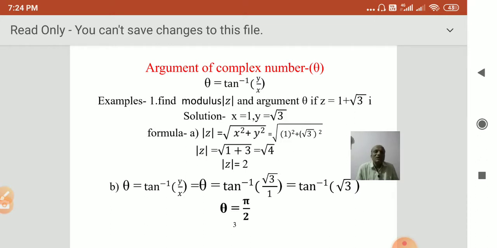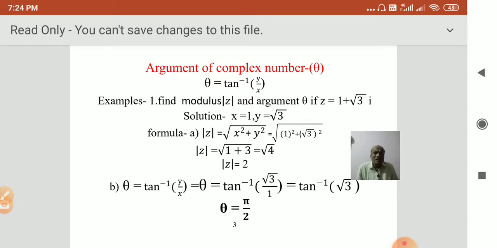So substitute the value of x, that is 1 square, plus the value of y, that is root 3 square. After solving this, 1 square is 1, and square root of 3 square is 3. So 1 plus 3 is square root of 4, and you take the square root of this. So mod z is equal to 2, which means the modulus of the given complex number is 2.